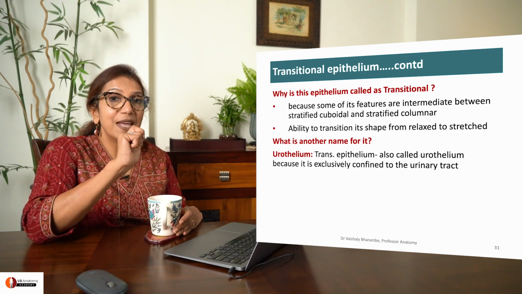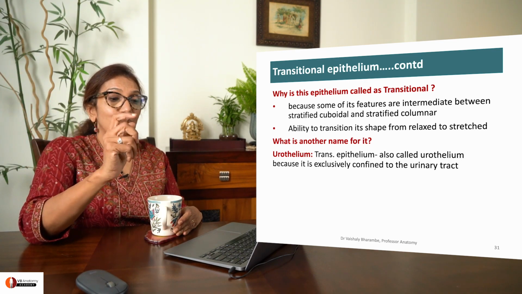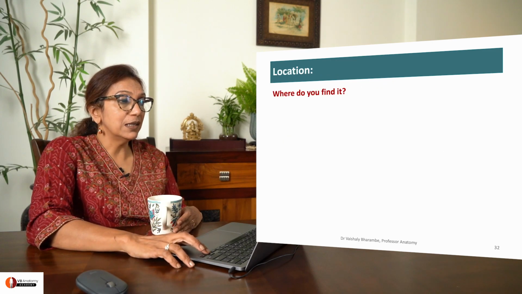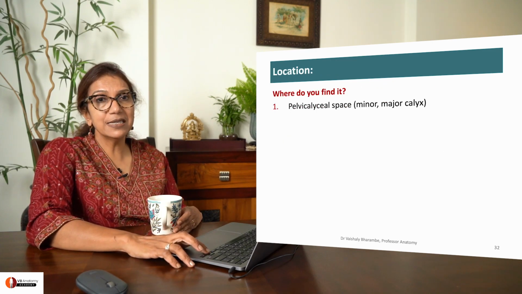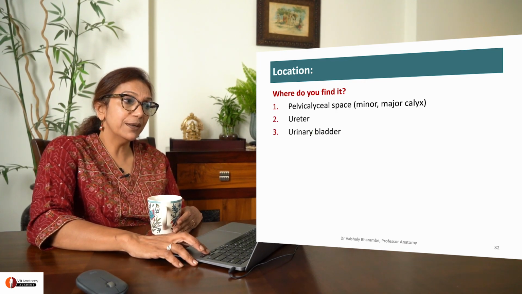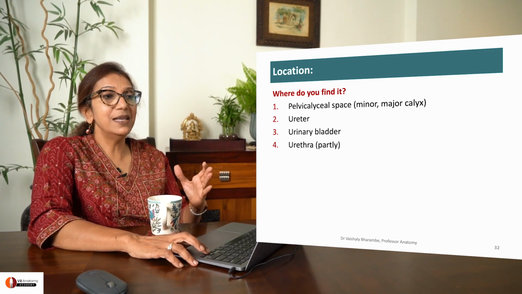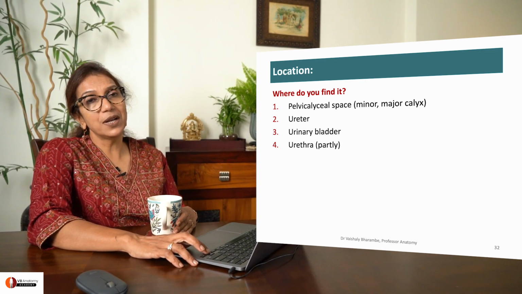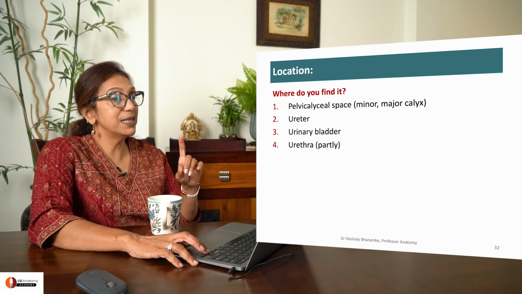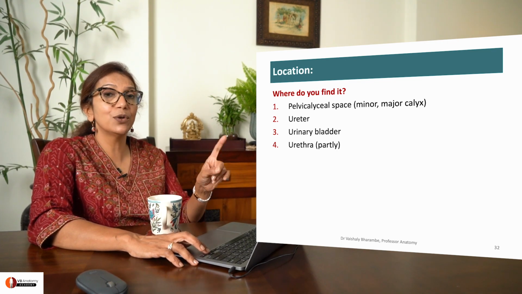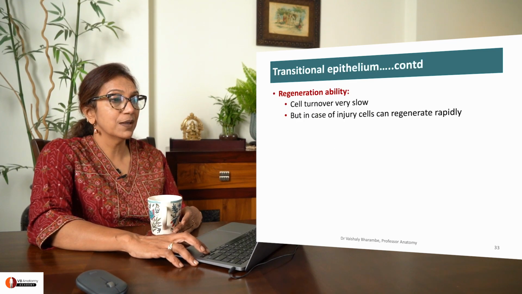Question: is it exactly lining your kidney? No. It is lining the major and minor calyces, the pelvis of the ureter, the entire ureter, the urinary bladder, and the urethra partly. These are the locations at which transitional epithelium is found. Please learn this up. There is no forgiving for not knowing these basics.